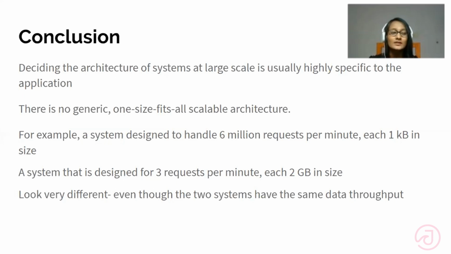For example, a system designed to handle 6 million requests per minute, each 1 kilobyte in size, looks very different from a system designed for 3 requests per minute, each 2 GB in size.